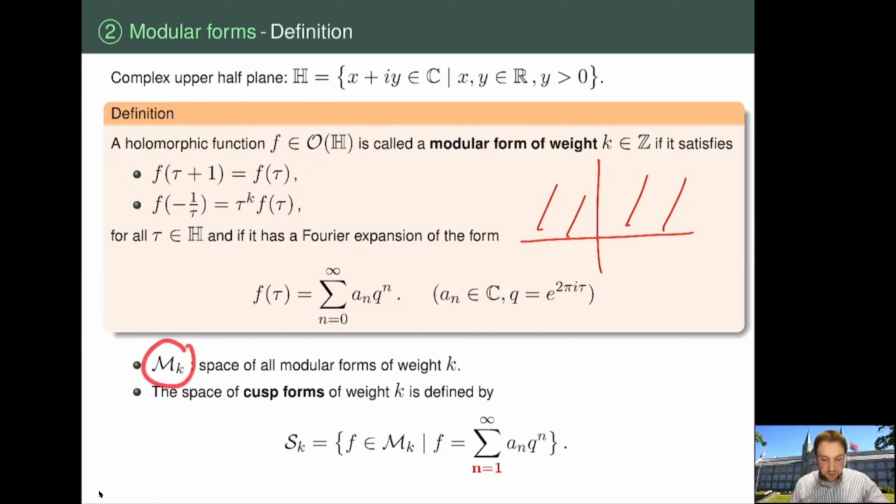In this space, we have an important subspace, the space of cusp forms, which are all modular forms of weight k where the Fourier expansion starts at 1. In other words, the constant term of this Fourier expansion is 0, or those functions which vanish as you go to i infinity.